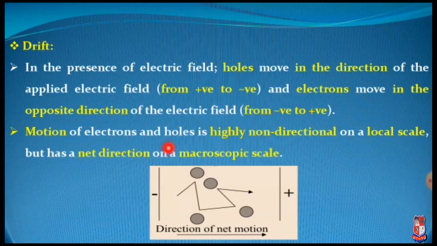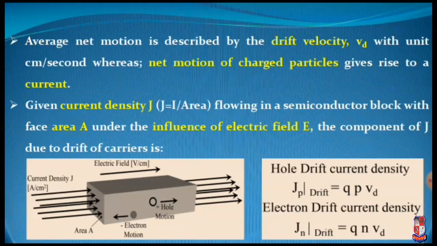Motion of electrons and holes is highly non-directional on a local scale, but has a net direction on a macroscopic scale. Here, as you can see, the net direction of electrons and holes is towards the direction of the applied electric field. Average net motion is described by the drift velocity.